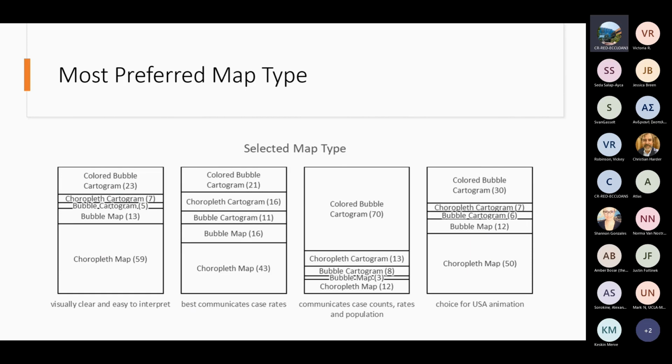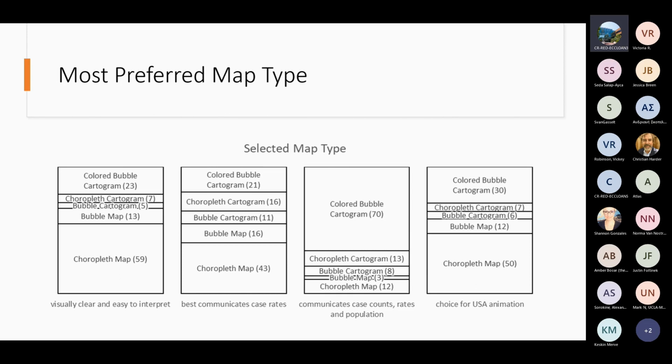Lastly, we will talk about what type of animated map people are most comfortable with and why. As we can see here, 59 people out of 107 chose the corpus map for being visually clear and easy to interpret, and 43 out of 107 chose the corpus map for best communicating case rates, and 70 out of 106 participants chose the colored bubble cartogram for communicating case counts, rates, and population simultaneously.